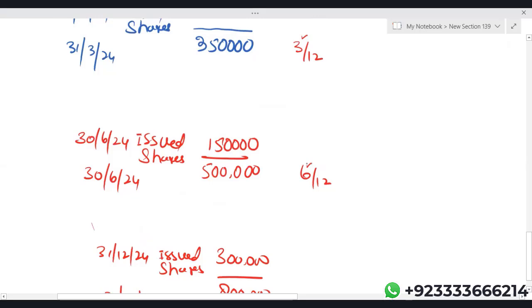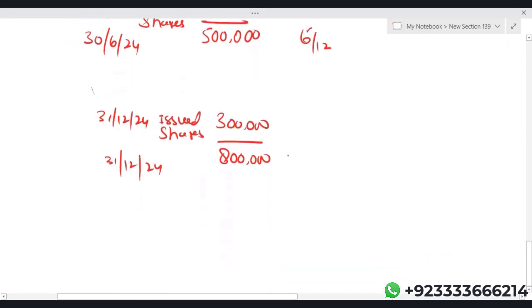The total of the numerator, 3 plus 3 plus 6, is now equal to the denominator. Basically here, we cannot time apportion 800,000. Why? Because the year end is December 24 and we have reached December 24. Still, if you want to do something, it will be 0 by 12, because we do not have any time to time apportion 800,000.